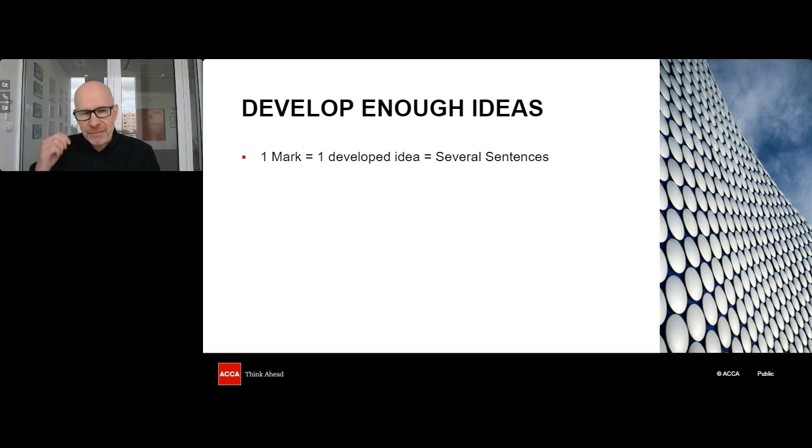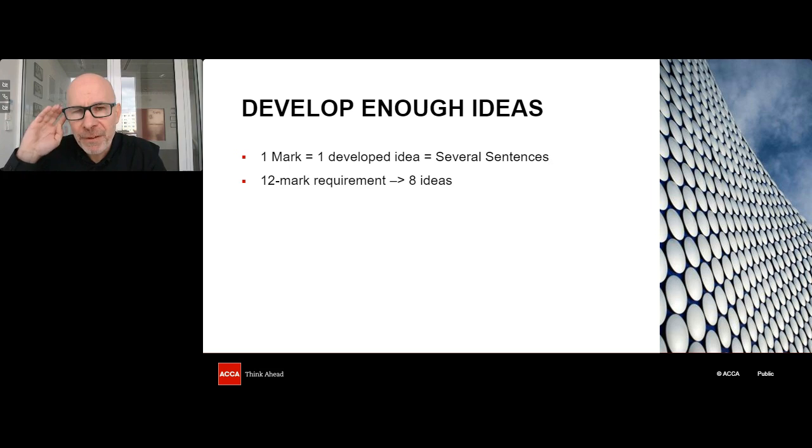So remember this, 1 mark is 1 idea, and it's going to take you several sentences to get to a complete idea. If you're just writing 1 little sentence for each idea, they will not be developed to the level of assessment, recommendation, evaluation.